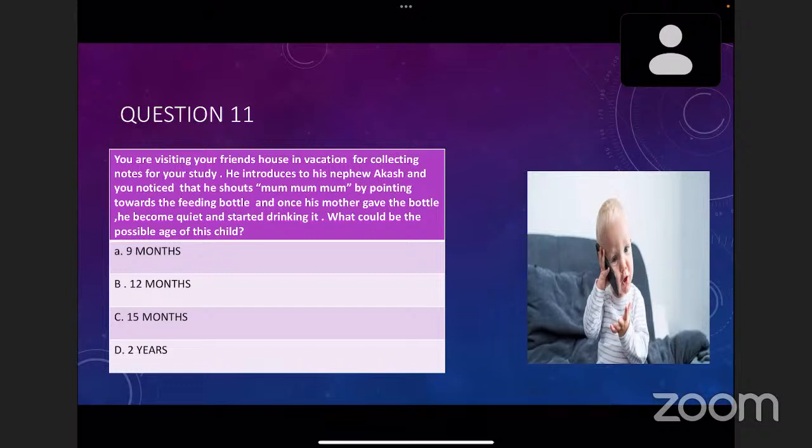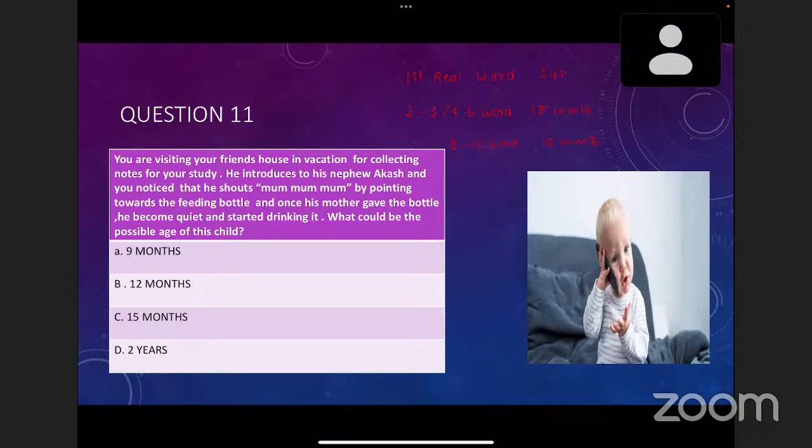See, here the child is pronouncing some words. So the child is able to speak. He has started to use some words. The first real words the child uses are acquired at the age of 1 year. 2 to 3 words or 4 to 6 words by the age of 15 months. 8 to 10 words by the age of 18 months.